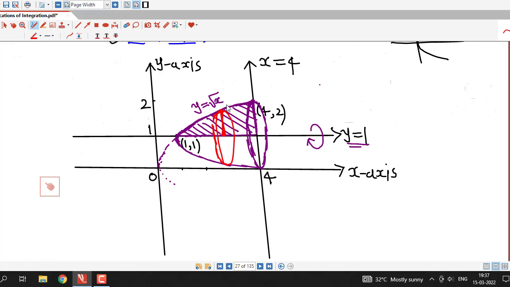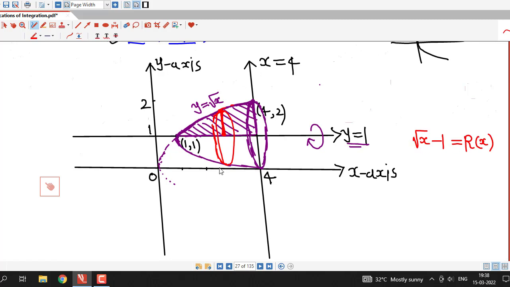Therefore the radius of the disc is the distance between y equal to square root of x and the line y equal to 1. So this distance is nothing but square root of x minus 1. So this will be the radius of the circular disc, which is the cross section of this solid perpendicular to the axis of rotation, which is y equal to 1.